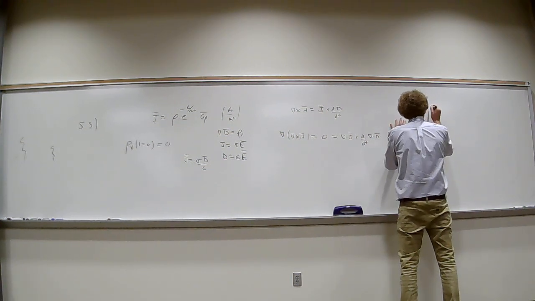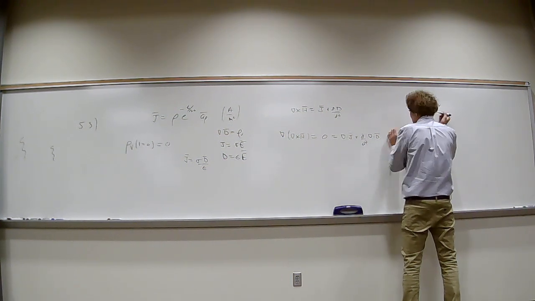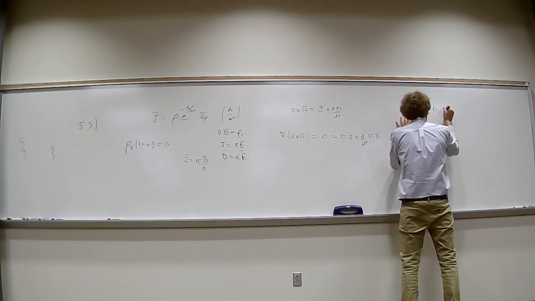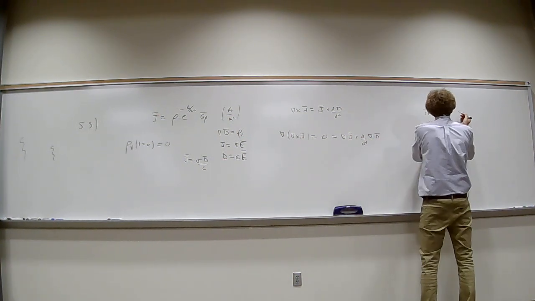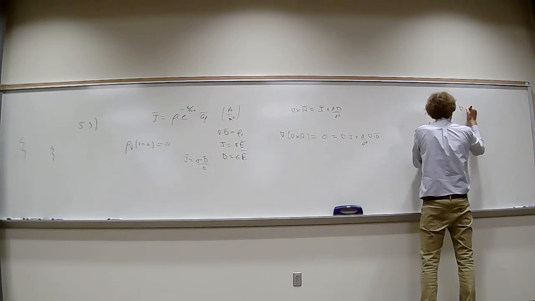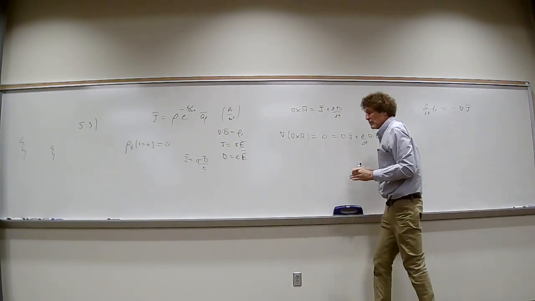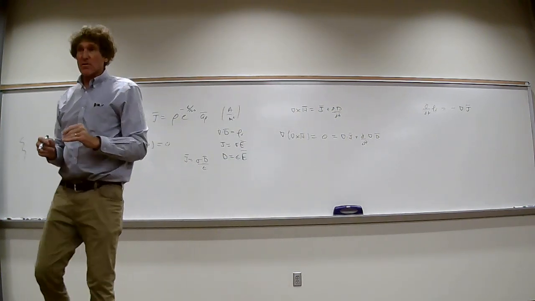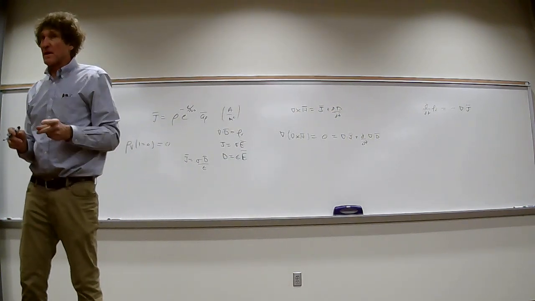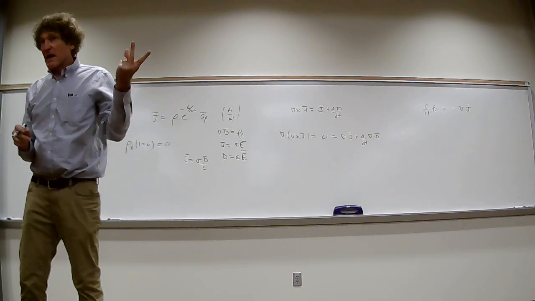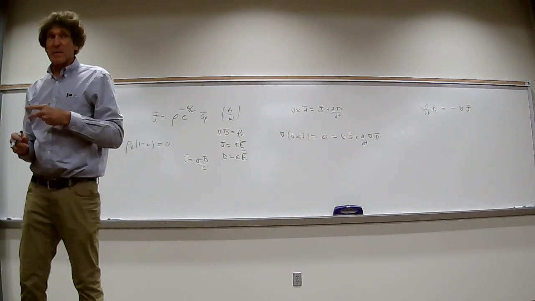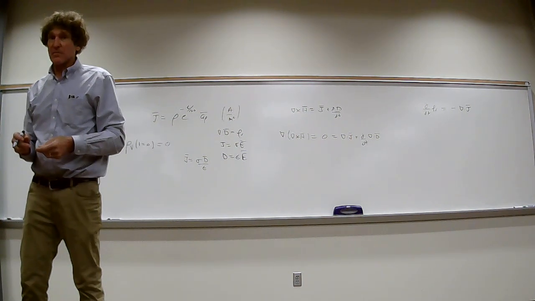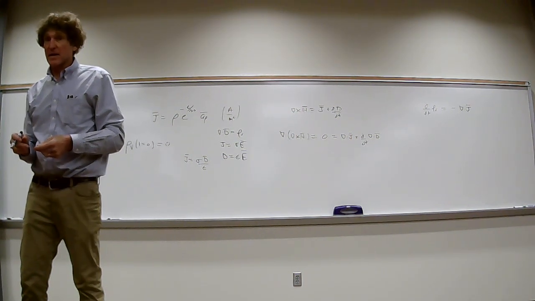I can say d dt of, now I'm going to replace div D with rho V, is equal to, and this goes to the other side, minus divergence of J. Now, I hope you appreciate that what I'm trying to do is let you see the steps that you're logically going to take. We're after rho V of T, so if we can get the time derivative of it, we can integrate with respect to time and then solve for the actual value versus time. You all with me? Everybody?